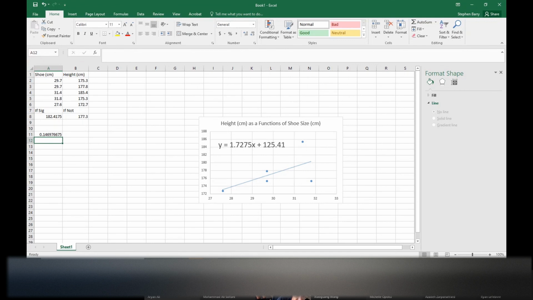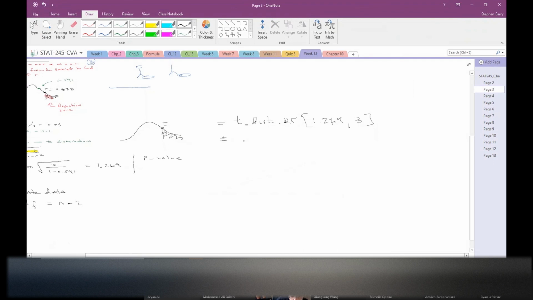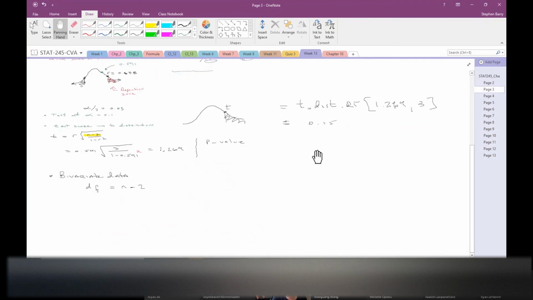0.15. So yeah, the same result as before, right? It's too big. 0.15. The point is, you can see here the p-value is greater than our alpha over 2. So fail to reject, and same conclusion.